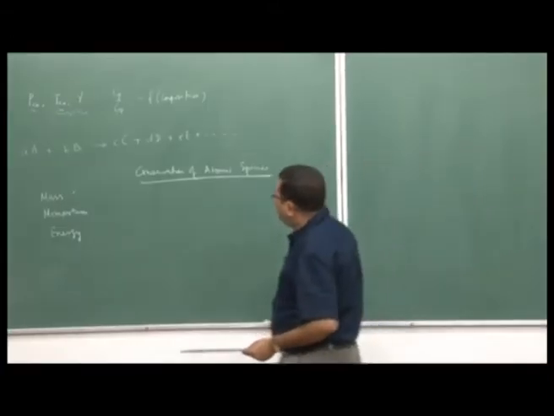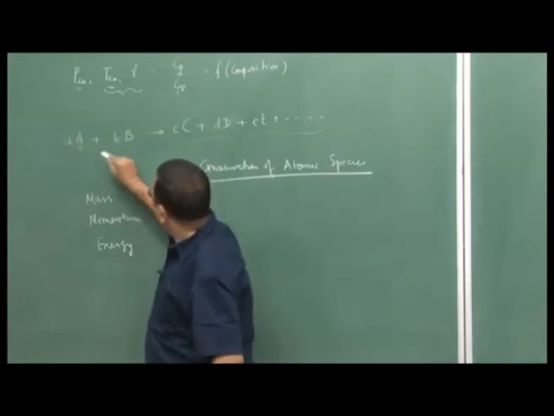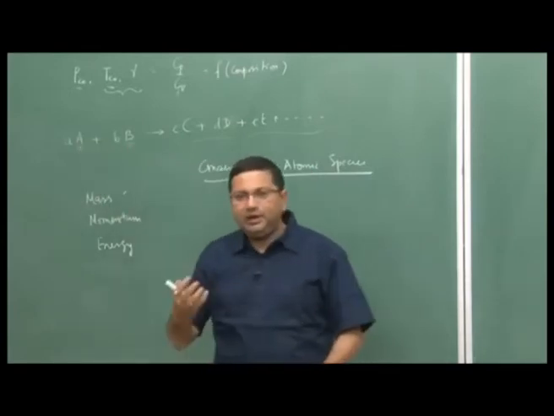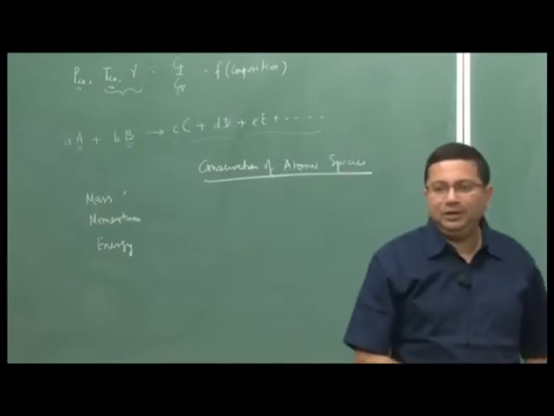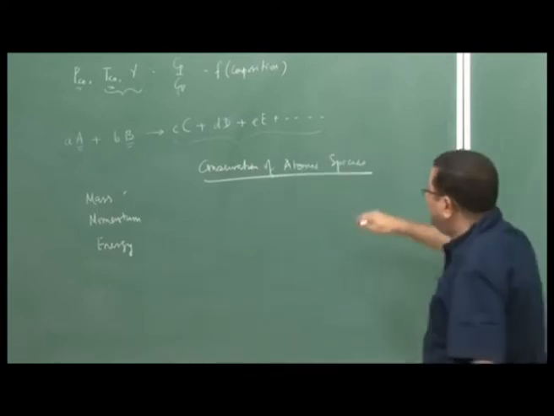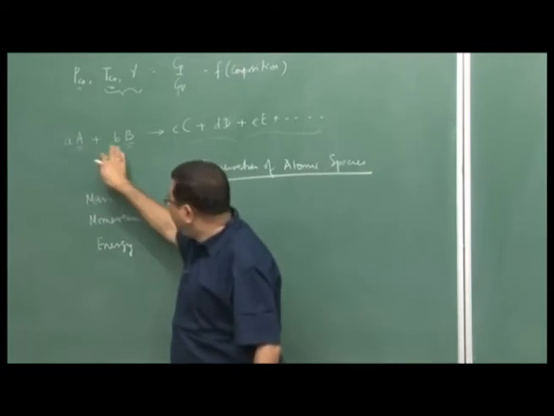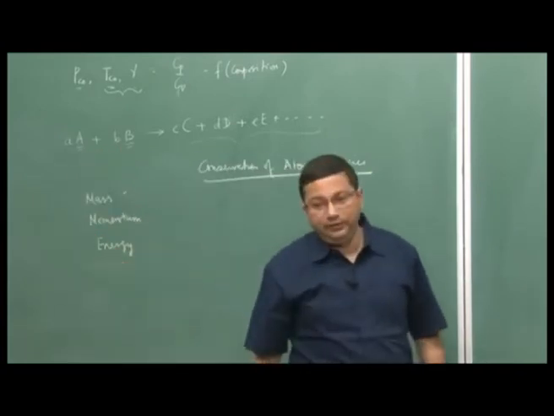What do we mean by that? This molecule A and molecule B are made of some atoms, right. When the reaction happens, in the product side the total number of each atom must also be conserved.